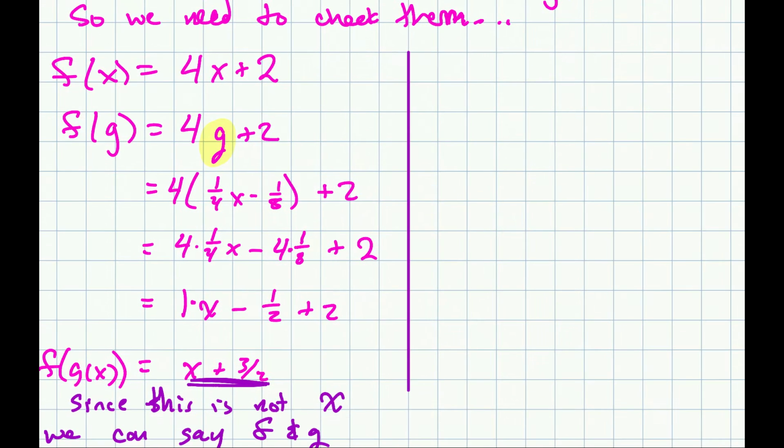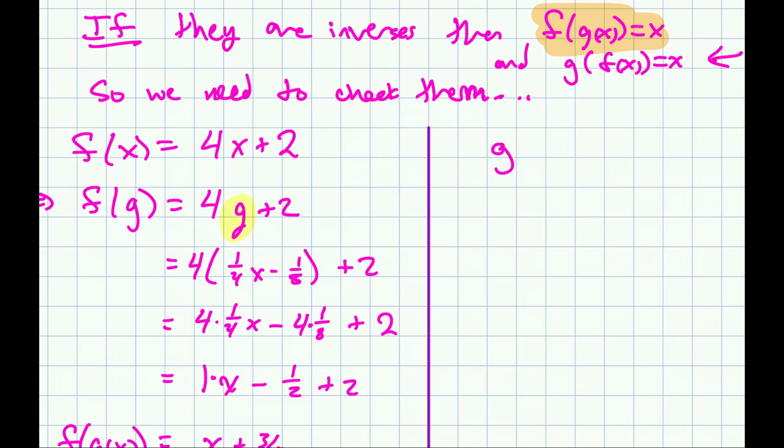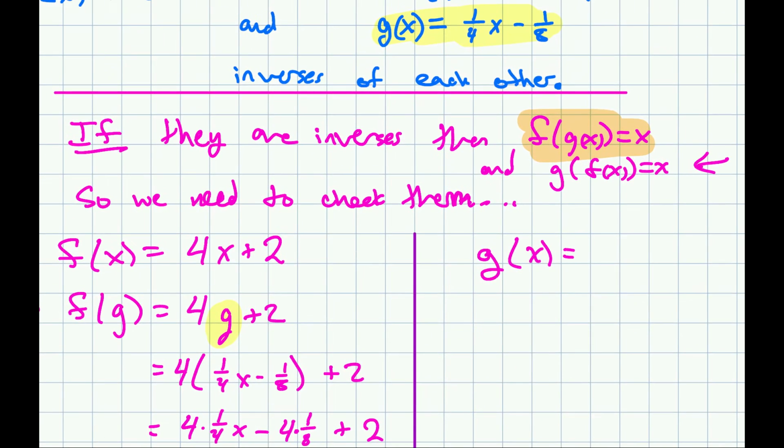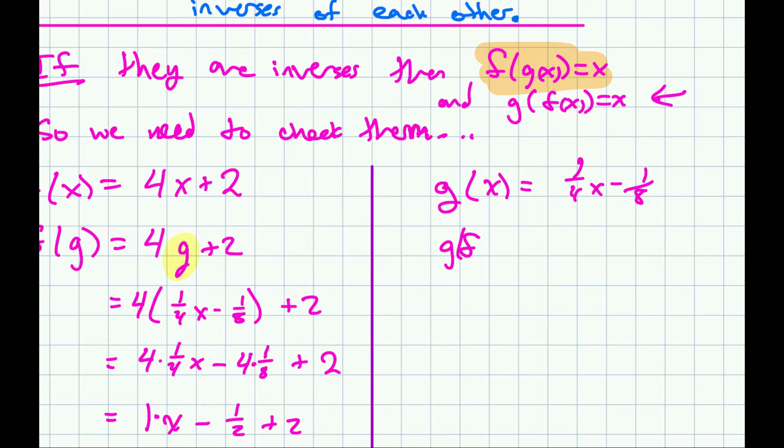But if this did come up to be x, you would still have to calculate this one, g of f, which you would do the same way. So you would say g of x is, wherever it is, 1/4 x minus 1/8. So g of f is 1/4 f minus 1/8.